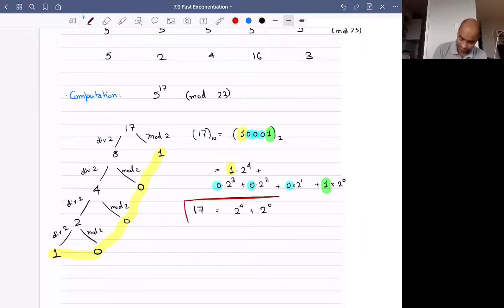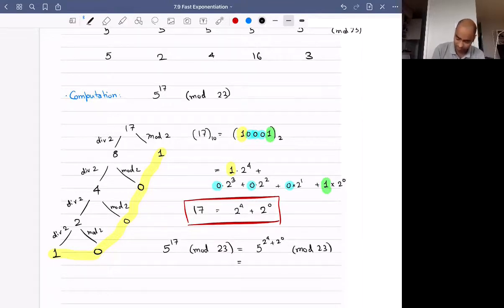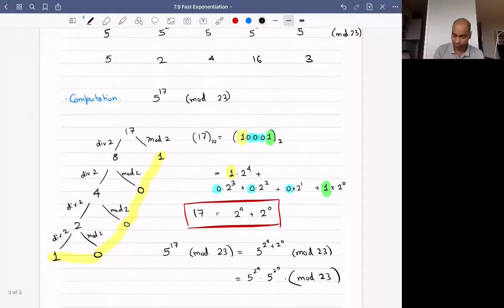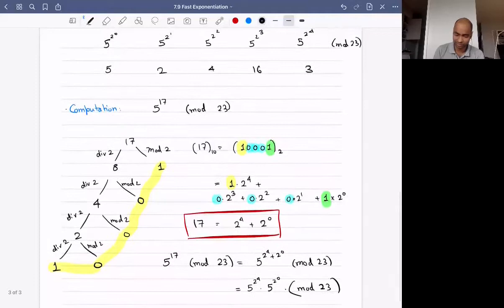The reason for doing this is that now I can use my pre-processed powers of 2 to compute 5 to the 17. So 5 to the 17 mod 23 is 5 to the 2 to the 4 plus 2 to the 0 mod 23, which is then 5 to the 2 to the 4 times 5 to the 2 to the 0. And here I'm going to use the table. I know what 5 to the 2 to the 4 mod 23 is.